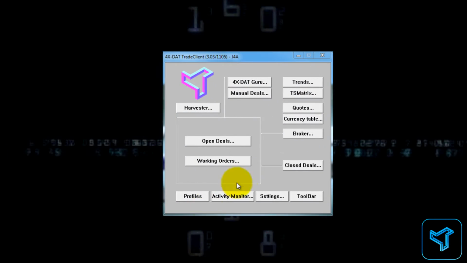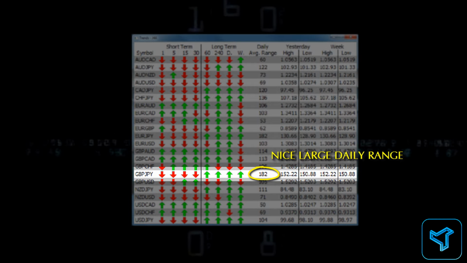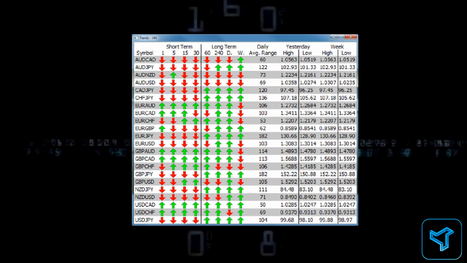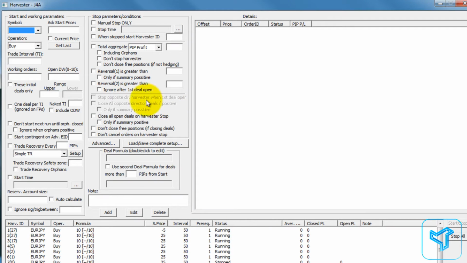Let's first go into our Trends module and pick out a pair we'd like to trade. Now, when we enter the harvester, we can choose our symbol here.